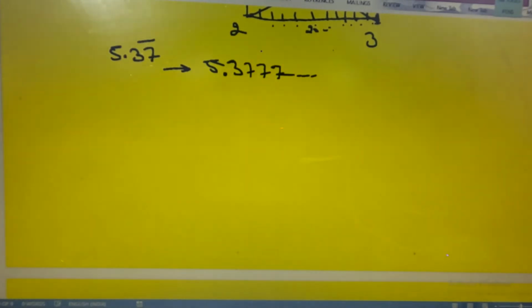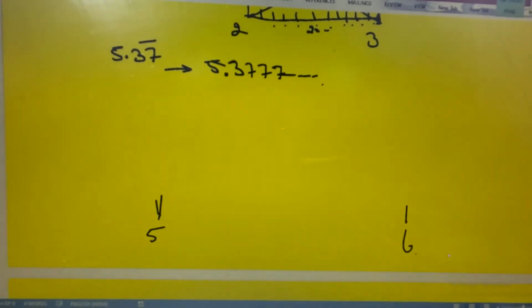Once again we proceed with successive magnification, successively decreasing the length of the portion of the number line in which 5.37 bar is located. First we see that 5.37 bar is located between 5 and 6. So first we write here 5 and here 6.